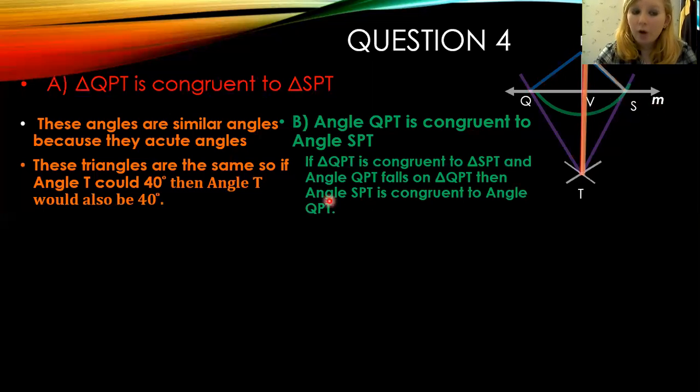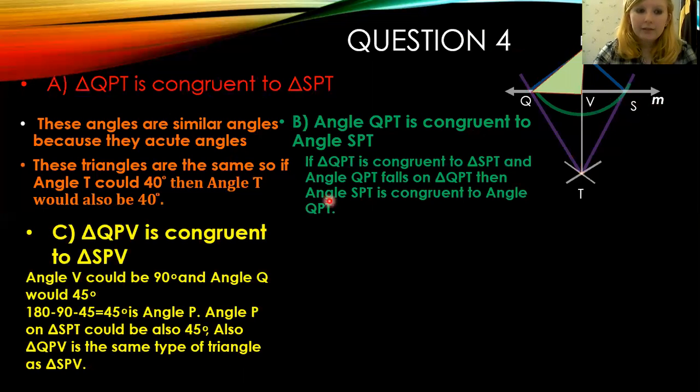So they assume also that triangle QPV is congruent to triangle SPV. So let's assume that angle B could be a 90-degree angle and angle Q would be 45 degrees. Well, we know that the interior sum of the angles for a triangle is 180 degrees.